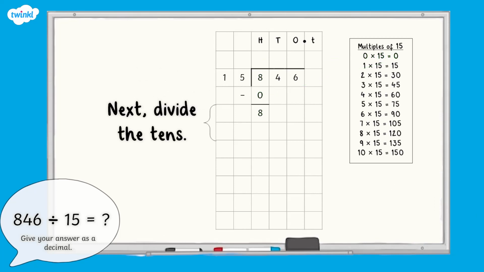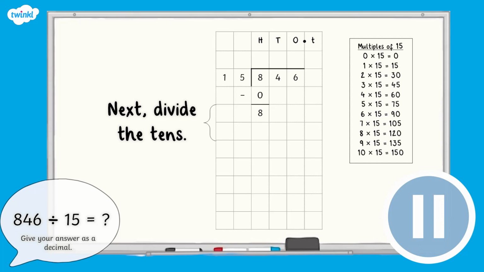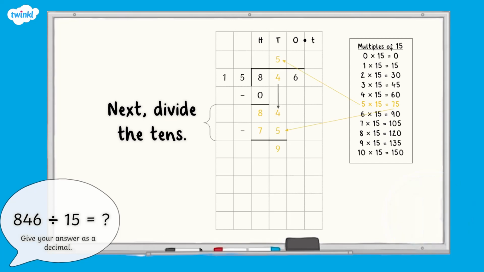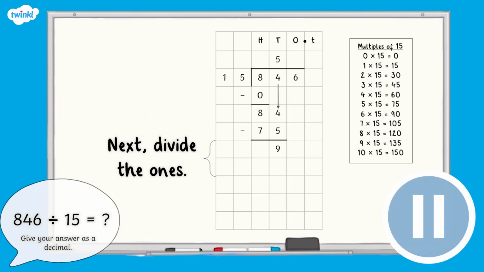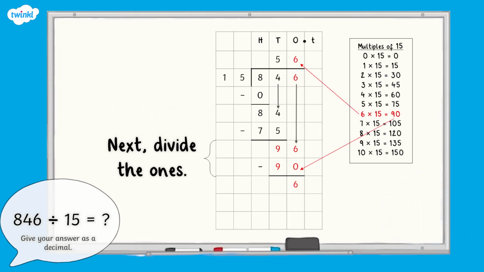Next, divide the tens. Don't forget to include the tens from the dividend as well as any that have been regrouped from the hundreds. 84 tens divided by 15 equals 5 tens with 9 tens remaining. Next, you're going to divide the ones. 96 ones divided by 15 equals 6 ones with 6 ones remaining.